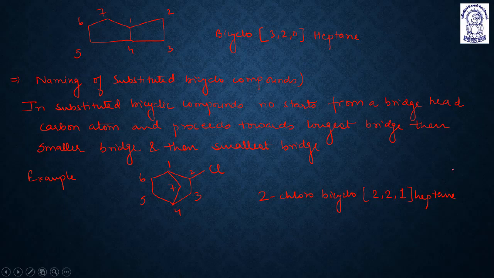Understood? If a functional group is attached, COOH, then 1 2 3 4 5, 6th, and the 7th carbon.